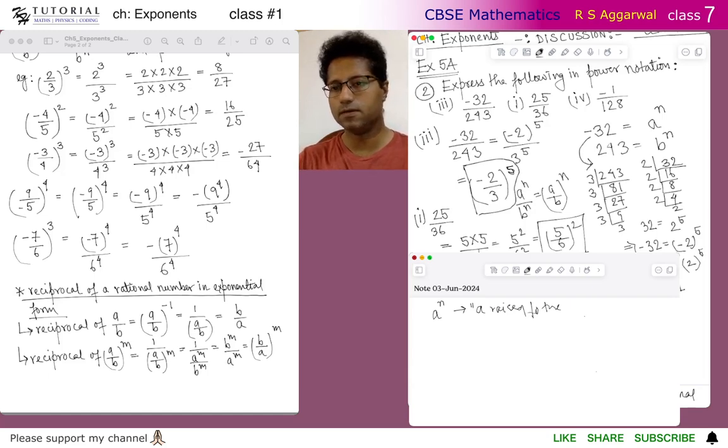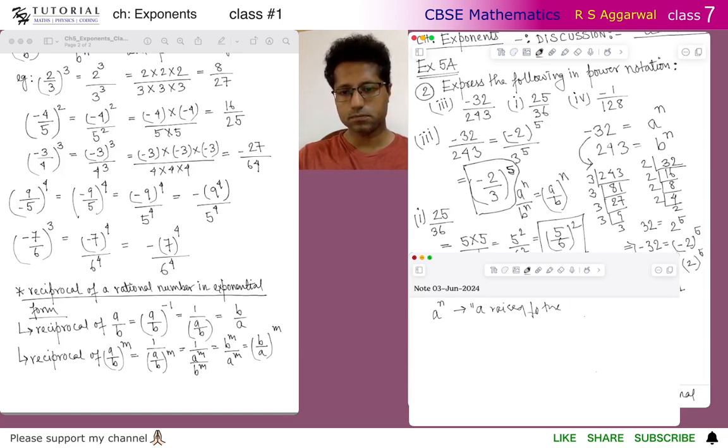So we can write minus 1 as minus 1 raised to the power n, where n is odd. We have to find what n will be based on this 128.